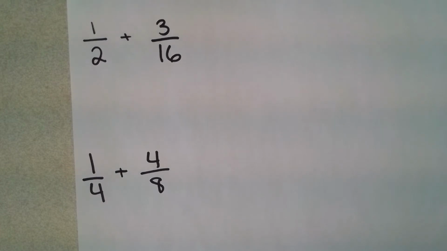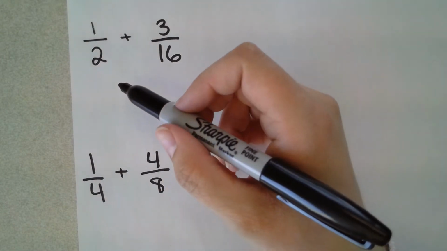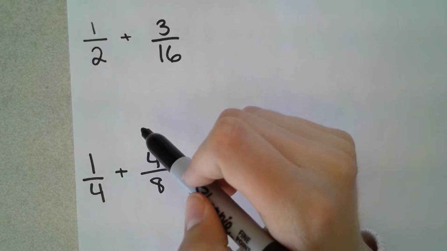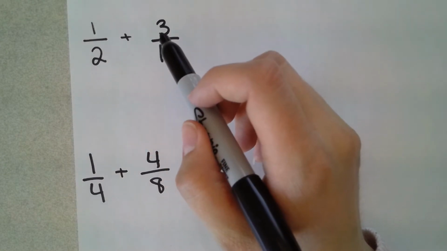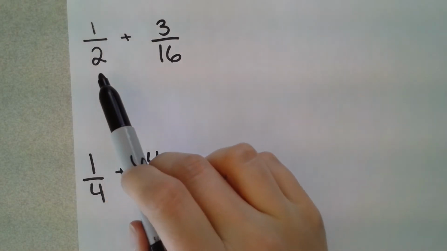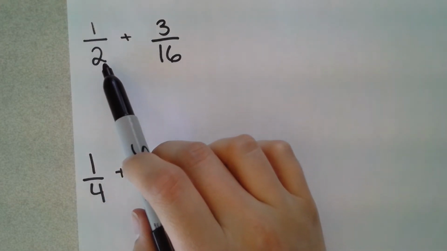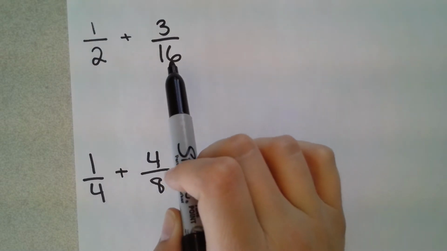There's just an extra step because you have to change whichever fraction has the lower number on the bottom. So for example, here we have 1/2 plus 3/16. All right, so I'm looking at that smaller bottom number, which is the 2 here, and I need to think to myself, how do I turn this 2 into a 16?